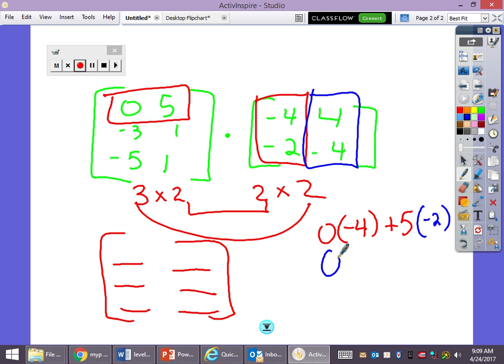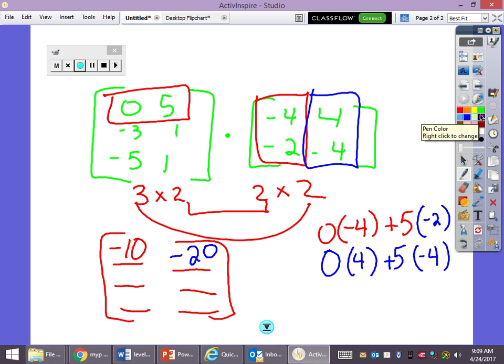So 0 times 4 plus 5 times negative 4. What is 0 times negative 4? And what is 5 times negative 2? So the first answer is negative 10. What is 0 times 4? And what's 5 times negative 4? Negative 20.